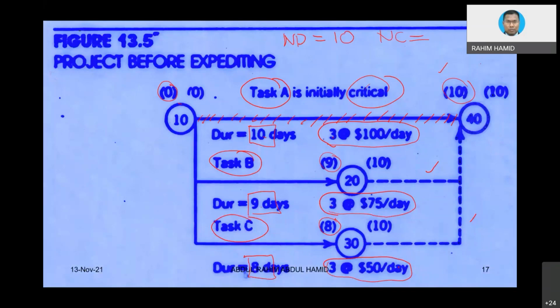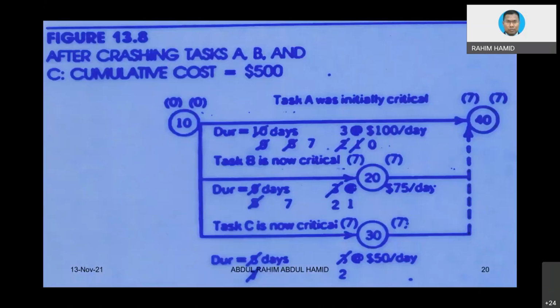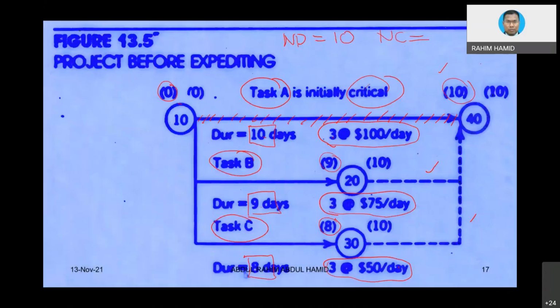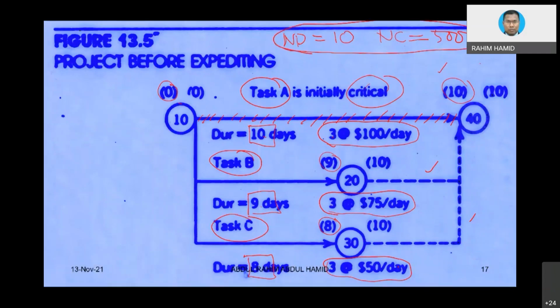We must calculate how much cost it takes to execute task A, task B, and task C normally. When you add those things, you will get the normal cost. Let's assume the normal cost is already given, let's say 5,000. So we have established the original values: normal cost is 5,000, normal duration is 10.